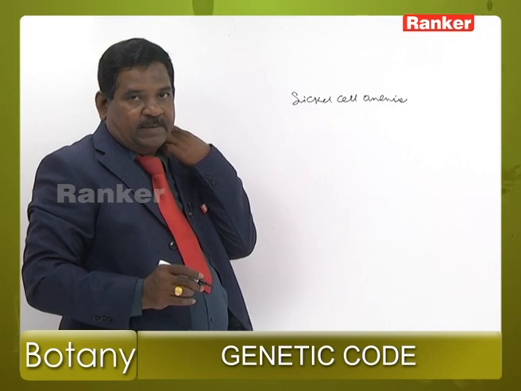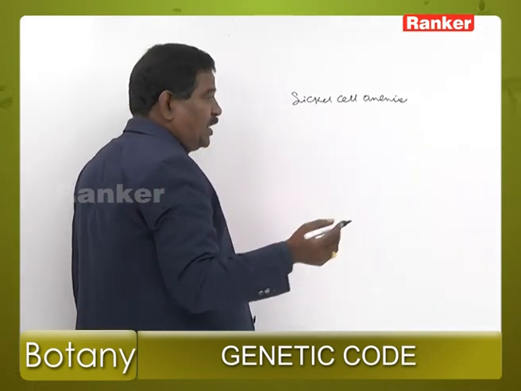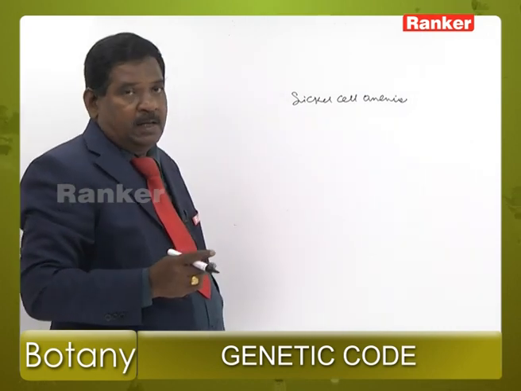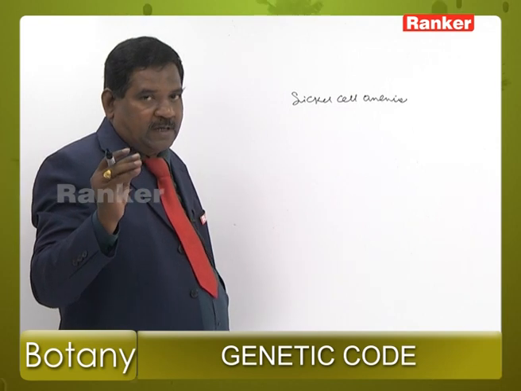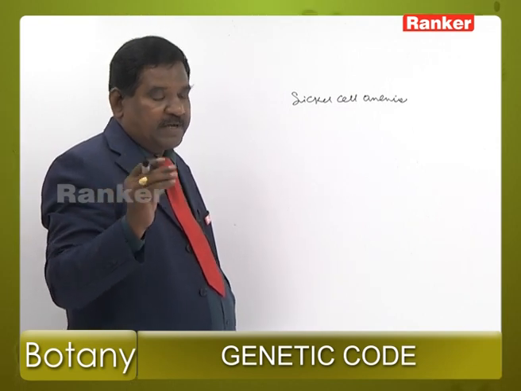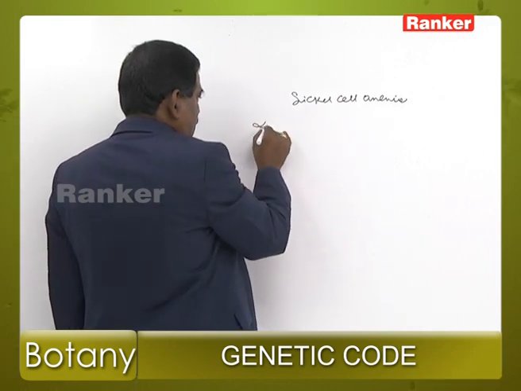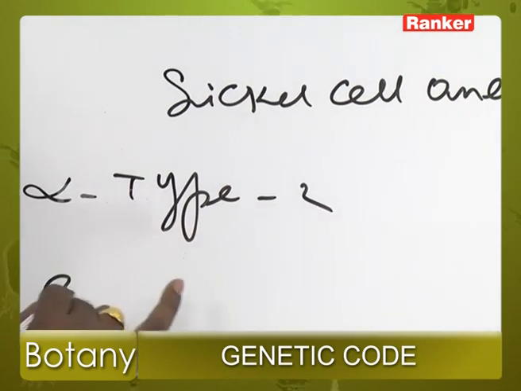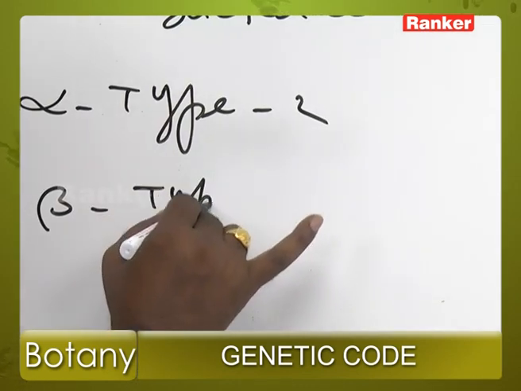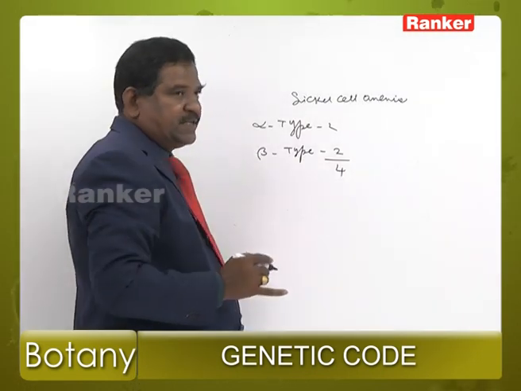Sickle cell anemia. Human hemoglobin consists of 4 polypeptide chains. Out of these, 2 are alpha type and 2 are beta type, a total of 4 polypeptide chains.